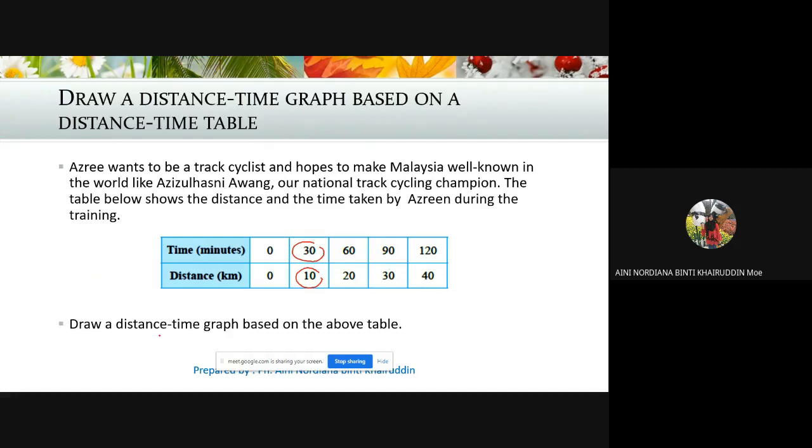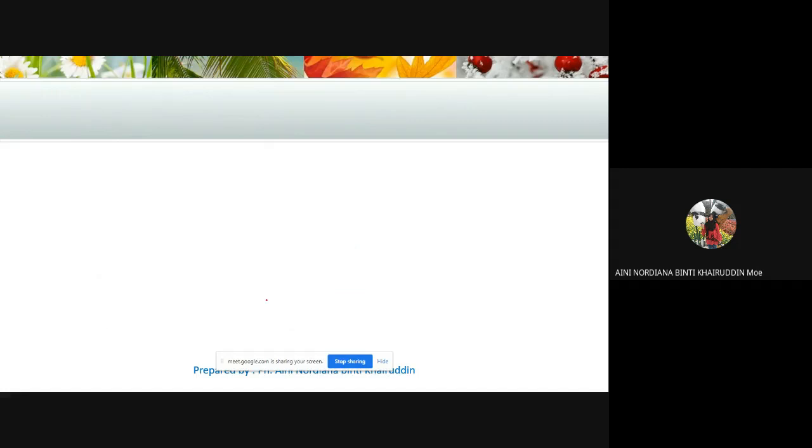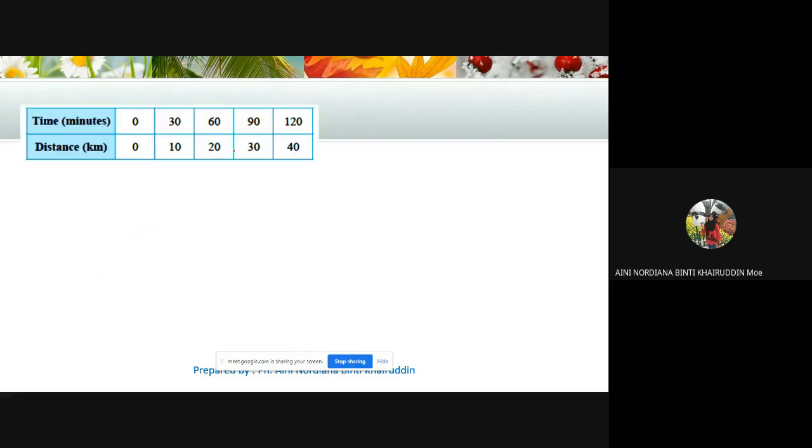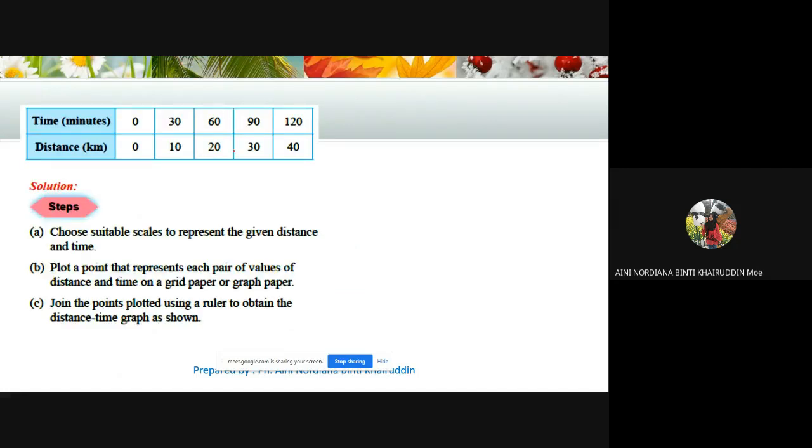So draw a distance time graph. Senang je. Daripada jadual tadi, the first step, choose suitable scale to represent the given distance and time. Then plot a point. Lepas tu join the point.